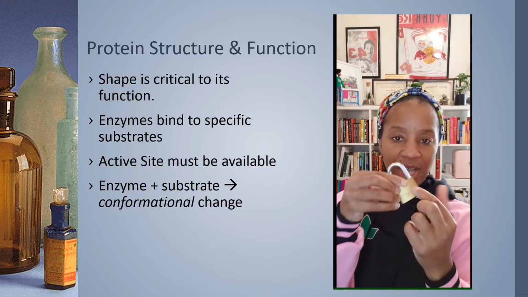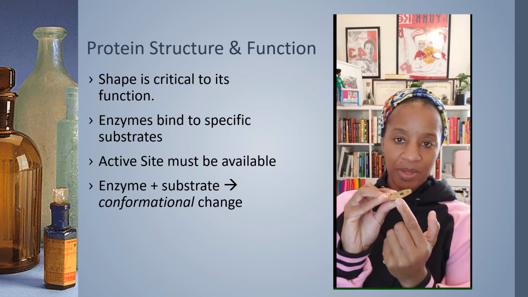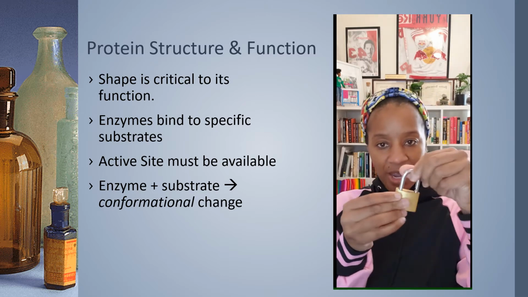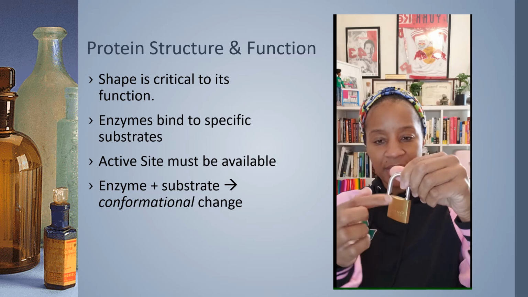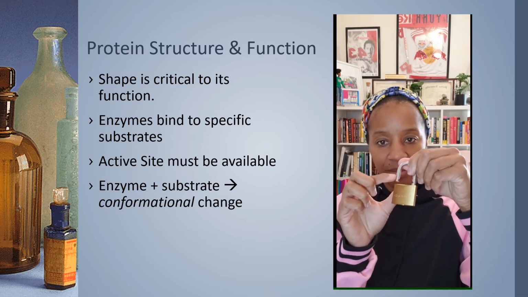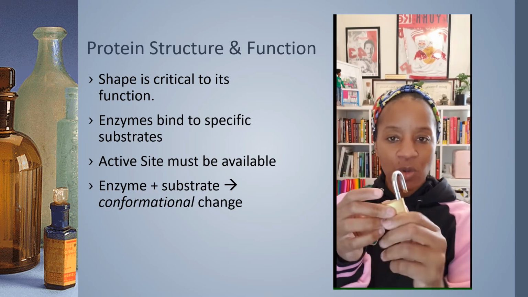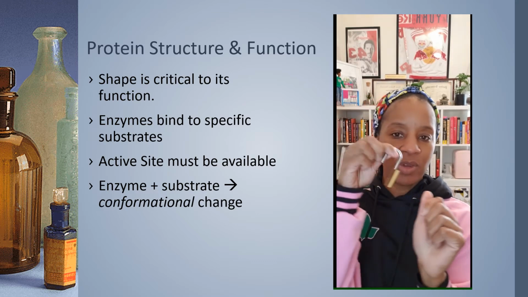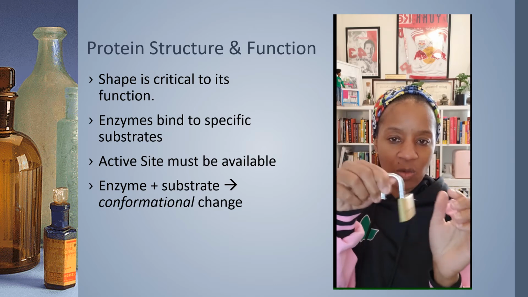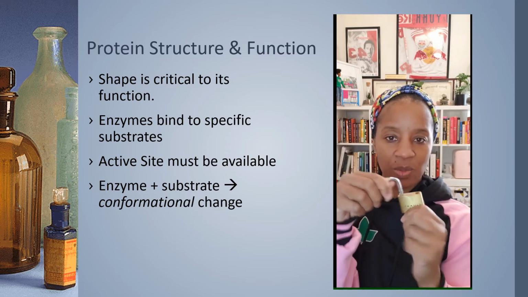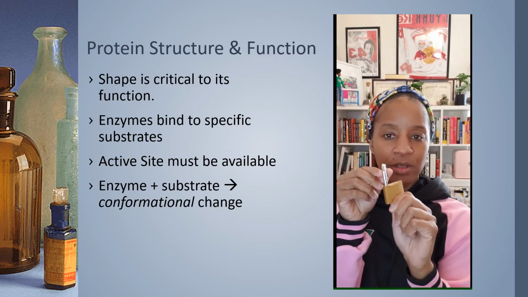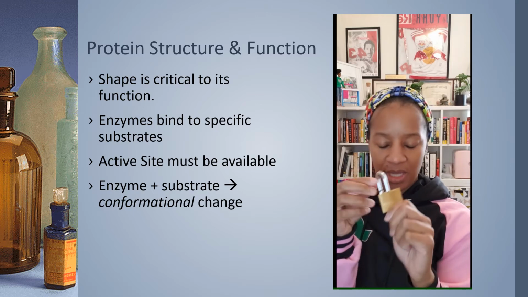Okay, the active site for the lock housing is going to be the keyhole. And the active site for the bar is this little notch here. Okay, now, if we have the right key, without the enzyme, we have our two substrates. They're not working together. They're not doing what they're supposed to do together. The lock has absolutely no functionality. It doesn't do anything.